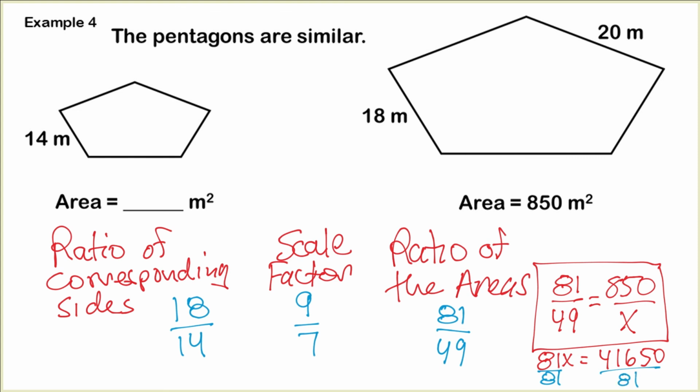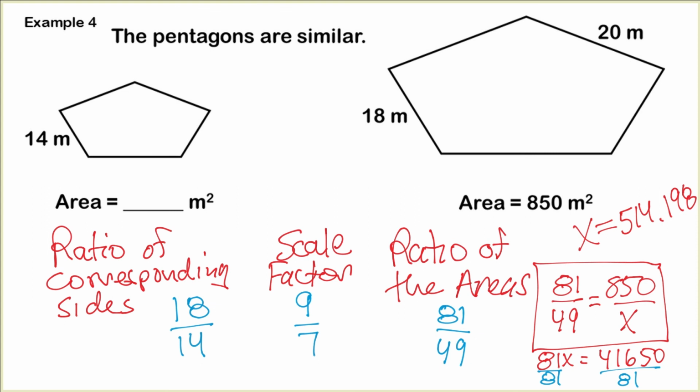And 81 divided by 81 gives us 1x. And 41,650 divided by 81 gives us 514.198. And that is the area of our pre-image.